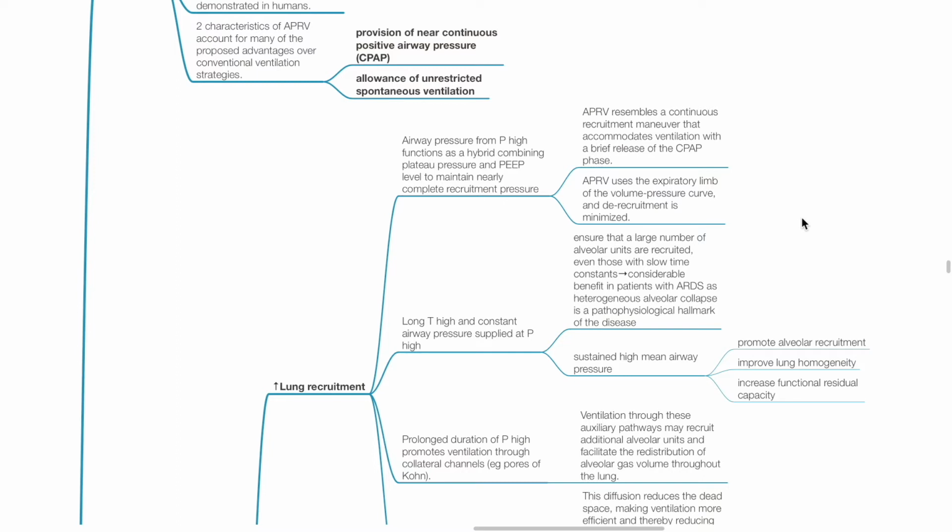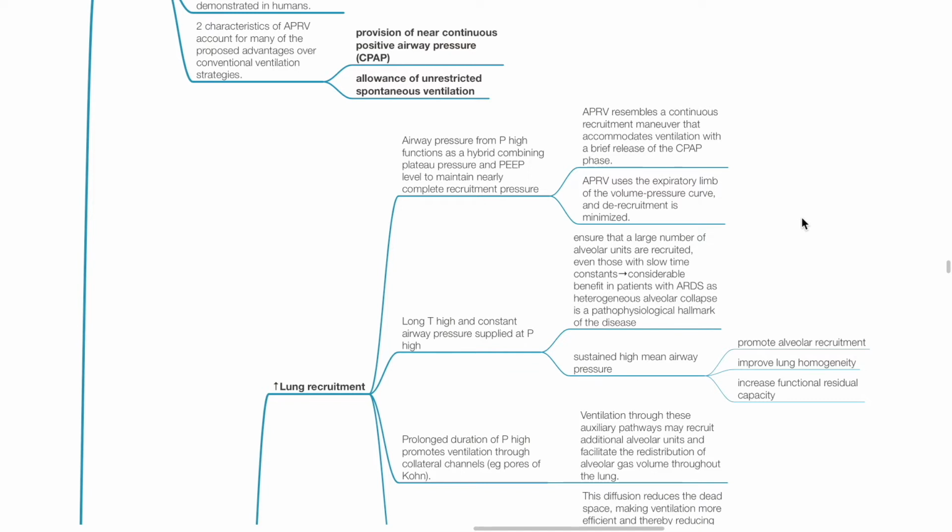Long T high and constant airway pressure supplied at P high ensures that a large number of alveolar units are recruited, even those with a slow time constant. This results in considerable benefit in patients with ARDS, as heterogeneous alveolar collapse is a pathophysiological hallmark of the disease.